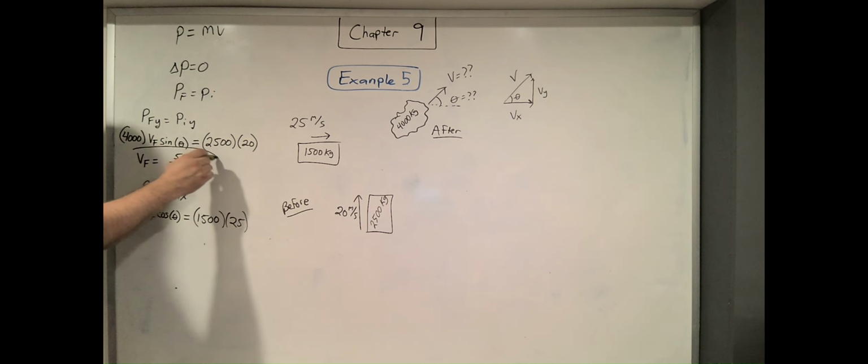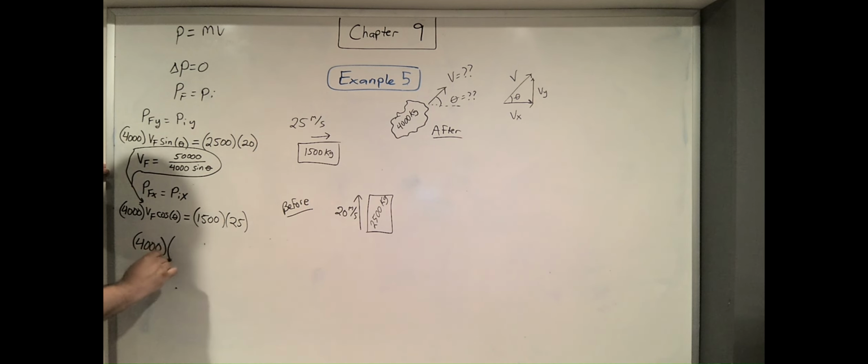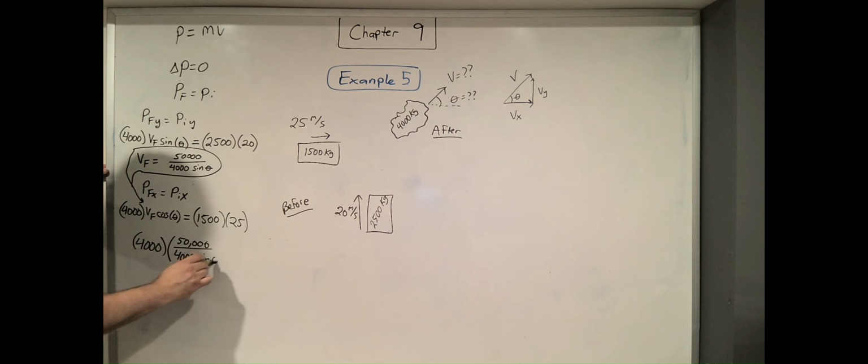Now I'm going to take this, and I'm going to plug it in down here for that VF. Because I've got two unknowns, but I have two equations to go on, so I can make this work. If I plug it in for that, I'm going to have this 4,000, and then this mess: 50,000 divided by 4,000 times the sine theta.